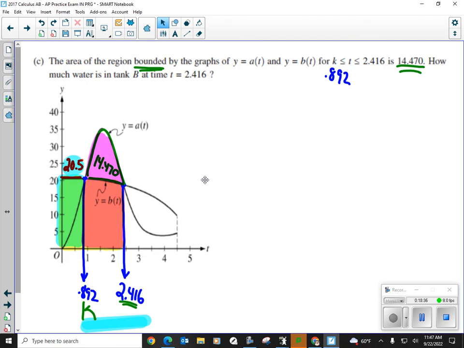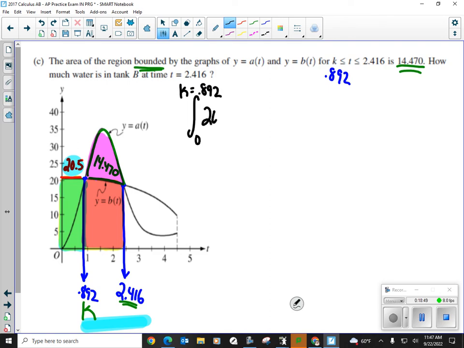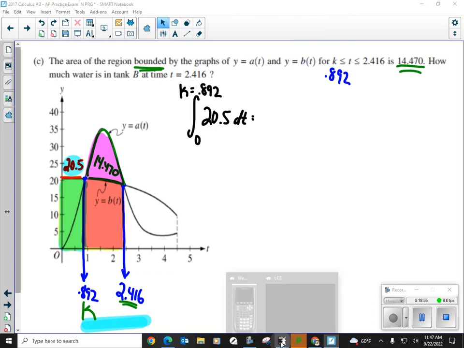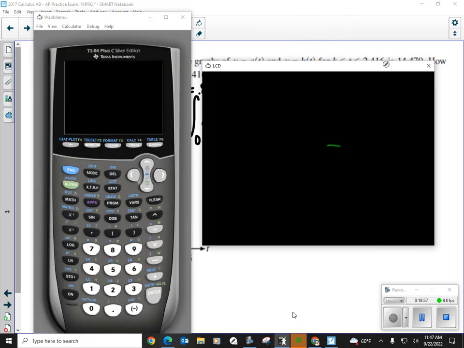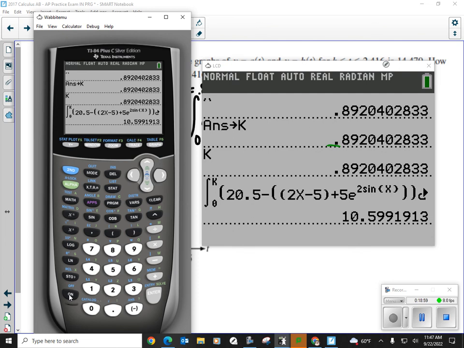First, let's do the easy part, this blue part right here. I'm going to integrate from 0 to K, which on my paper I'm going to put 0.892, of 20.5 dt. In the calculator, we still have that long decimal stored for K. Don't believe me? Let's check. It's still there.